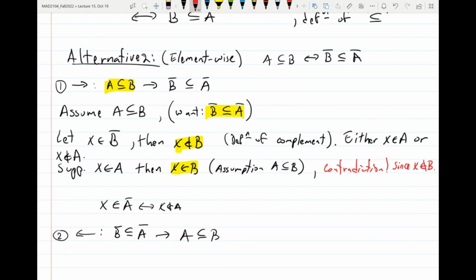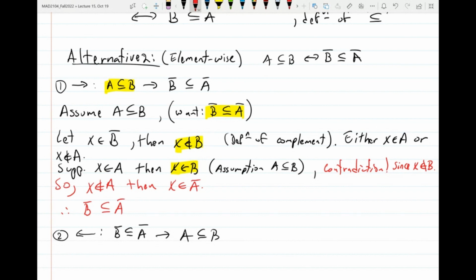What's the opposite of this? That X is not in A. So X cannot be in A, and then that means that if it's not in A, then it has to be in the complement, right? And this proves, therefore, that B complement is a subset of A complement.